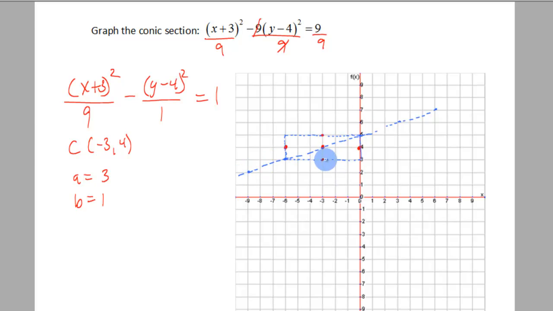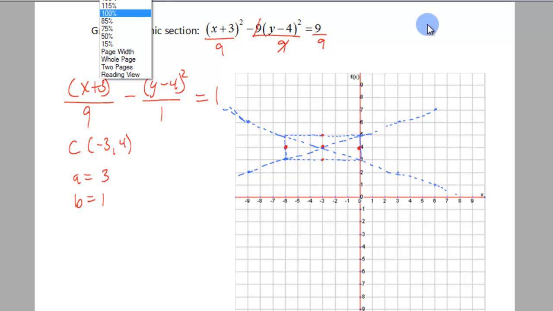And then the same thing, down 1 to the right 3, down 1 to the right 3. Up 1 to the left 3, up 1 to the left 3, right? Okay, so that should help me. Okay, there we go. So there's my asymptotes. They're in place.